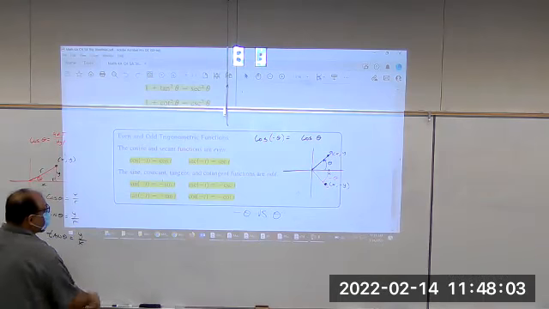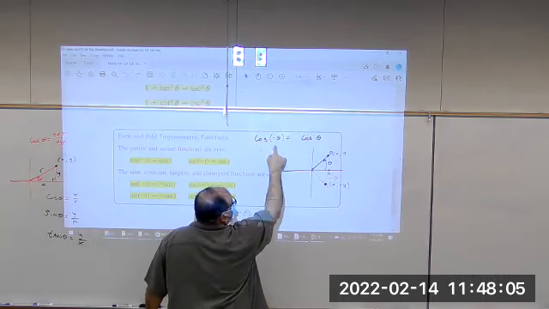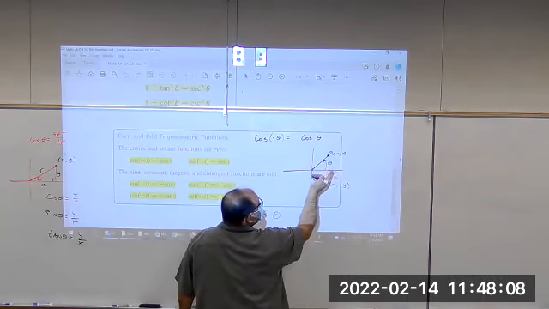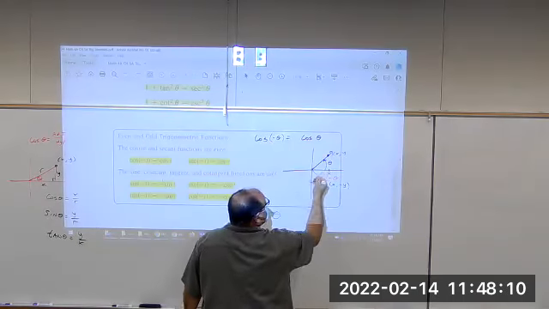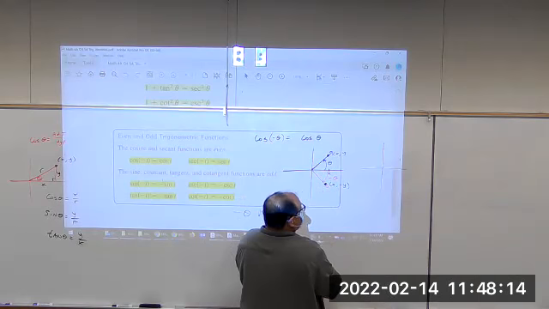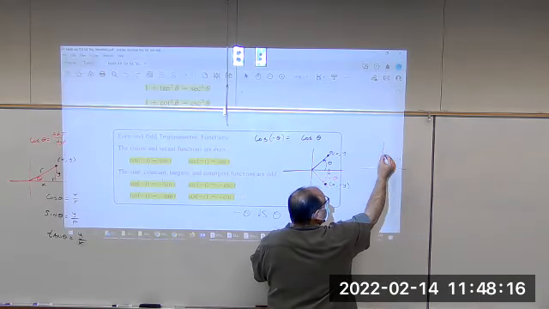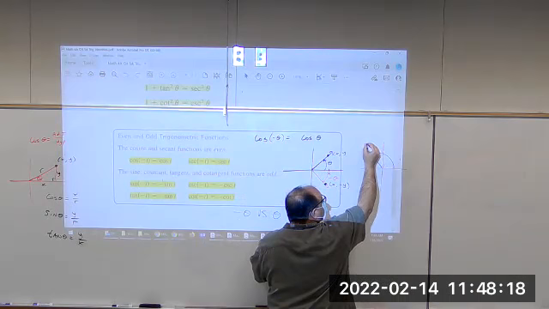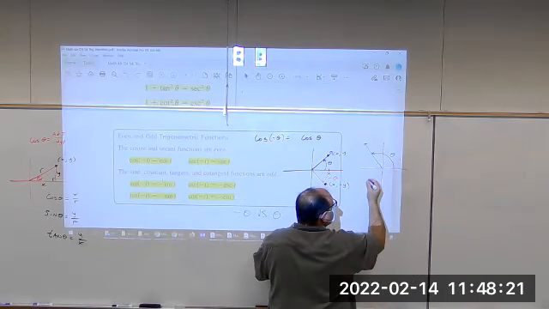So the cosine of going in this direction is the same as a cosine going in that direction. Even if you open up an angle all the way into quadrant 2, there's your theta.